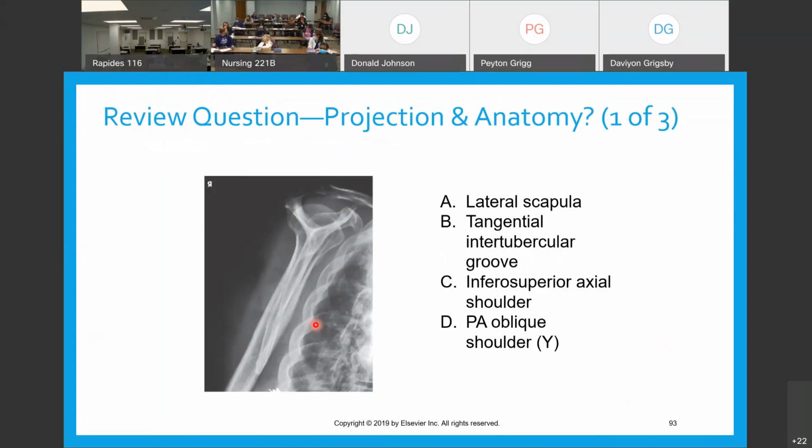Miss Cootie. What do we know? I see the humerus. And where's the humerus at? So there was no attempt to get the humerus out of the way, right? It's right there in the middle, superimposing the body of your scapula. So what is it?